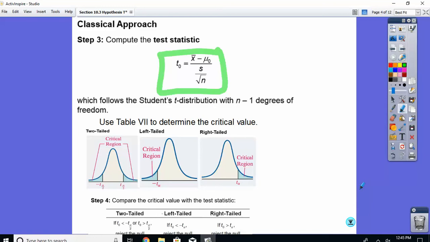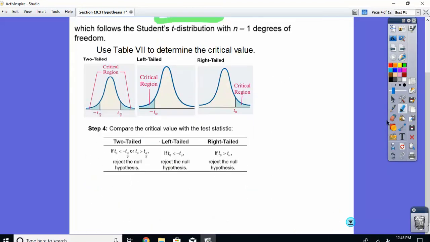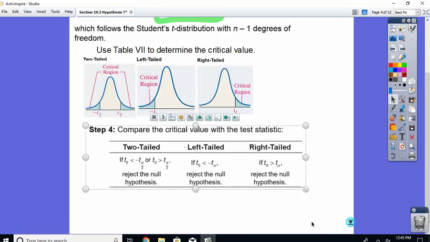So we'll calculate a t value, which means we will be using not the normal table, but the t distribution when we're looking at these. Then, if we're doing the classical approach, we will have to find a critical value and compare that with our test statistic. I'm trying to remember on the homework, I think I may have given one or two that asked you to do this.